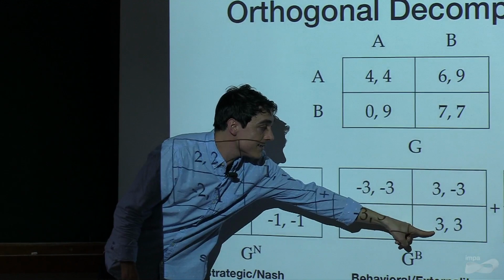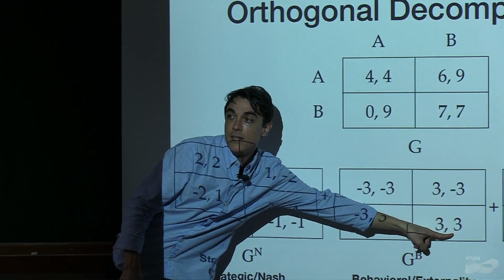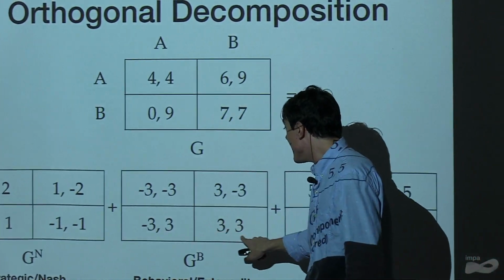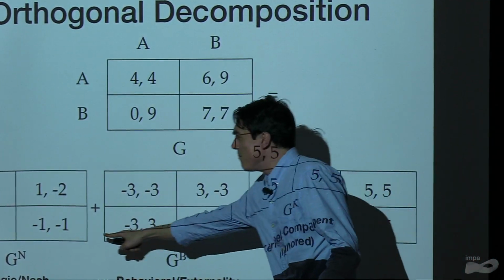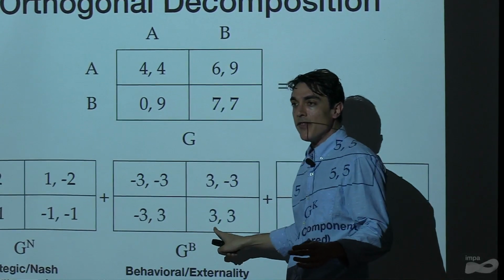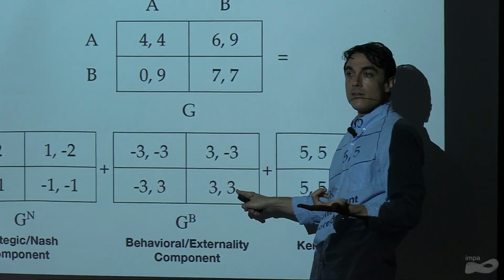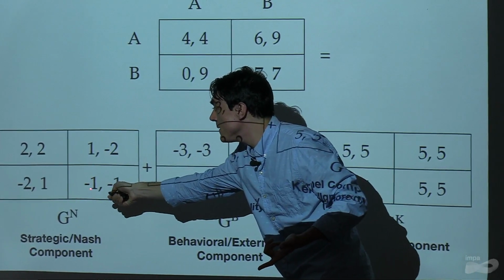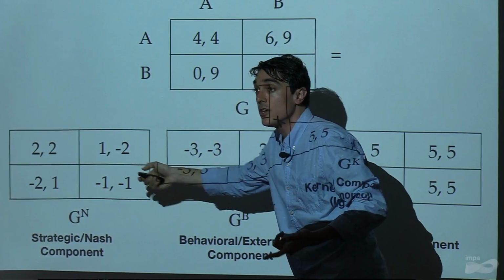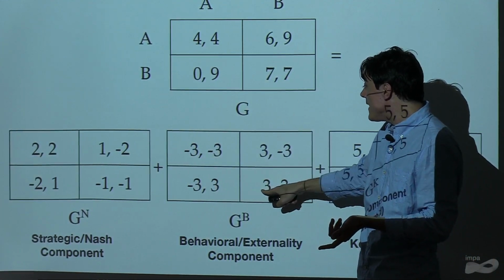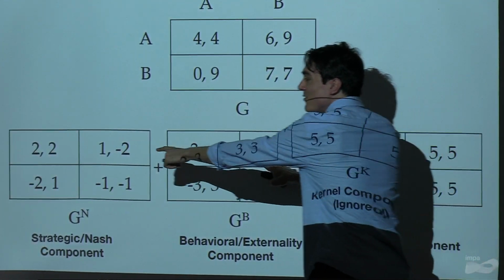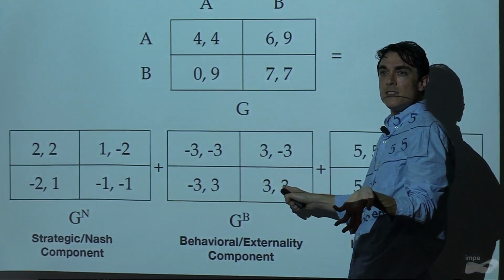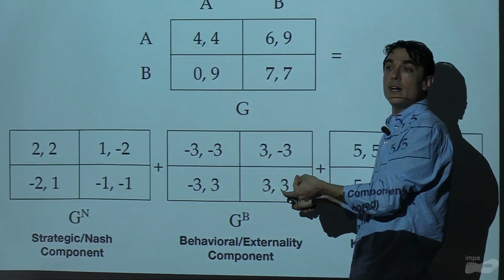If I made this 5,000 and 5,000 down here, then when humans see a game where they can get an outcome that's 5,000 minus 1, because these get added together, of course they're going to play this. But Nash prediction would say they're not going to play this because they'd have a unilateral deviation, which might be true. Here I'd get 5,000, but then here I'd get 5,001, right? So most likely humans would just play this because they know that they need to work together to achieve this outcome.